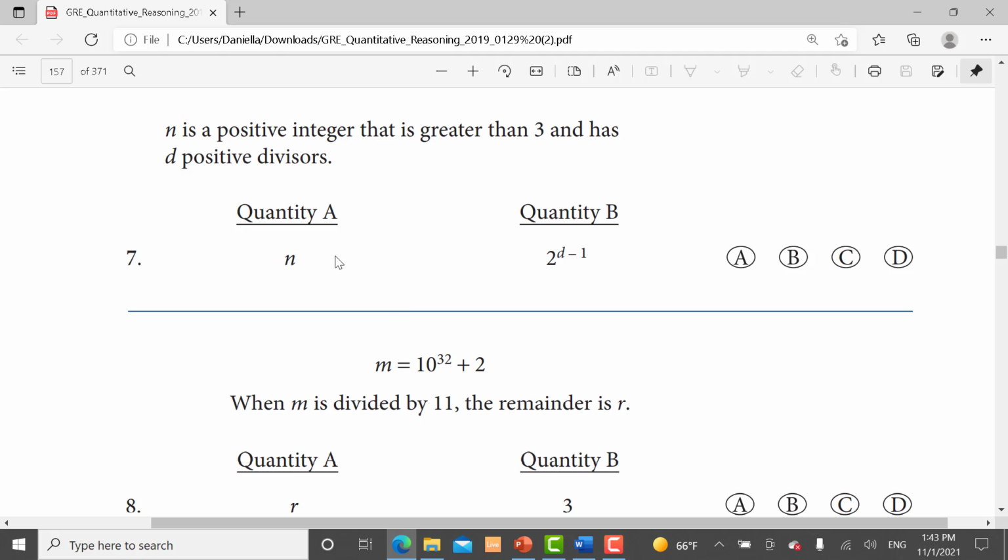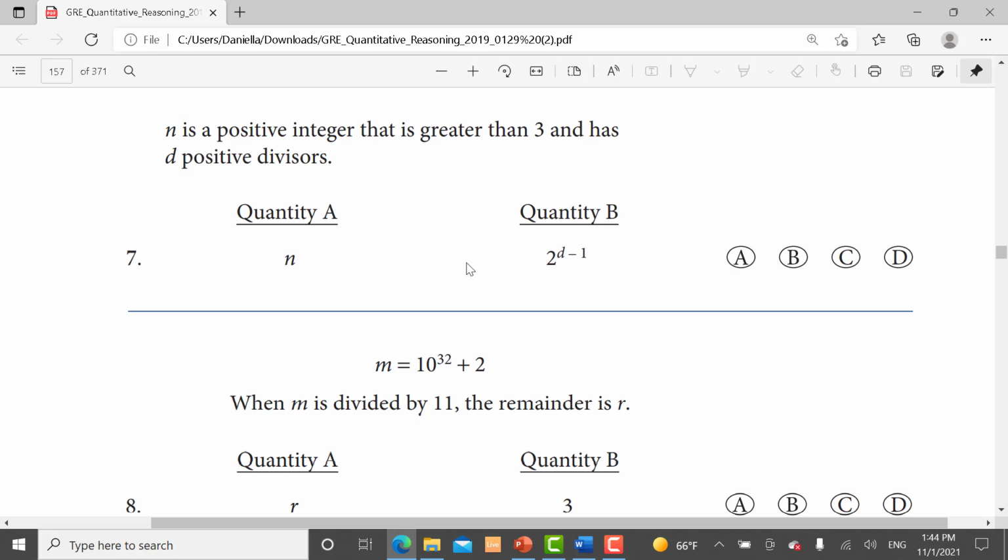For this problem, we have a guess that there's no way to determine the relationship between A and B. But in order to verify our guess, we have to point out two examples.